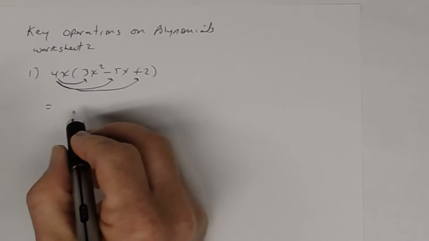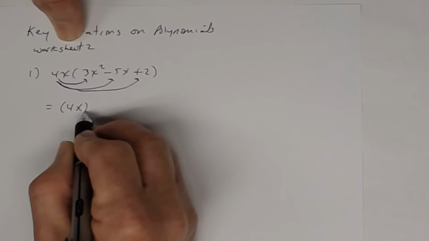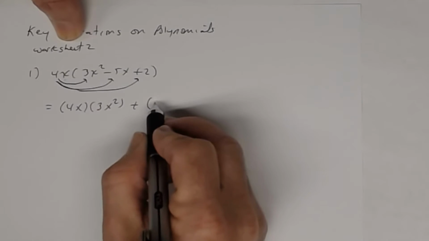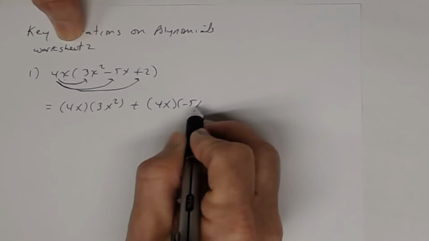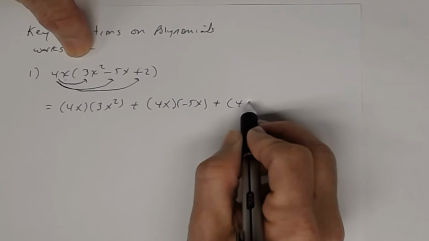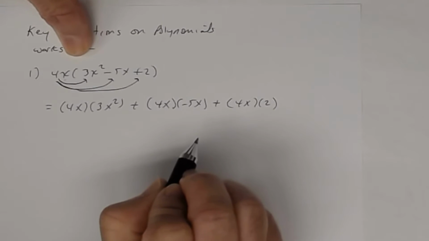Mentally, you're saying 4x times 3x squared, plus 4x times a negative 5x, which is what you see here, and then plus 4x times a positive 2. So that's mentally what you're thinking.